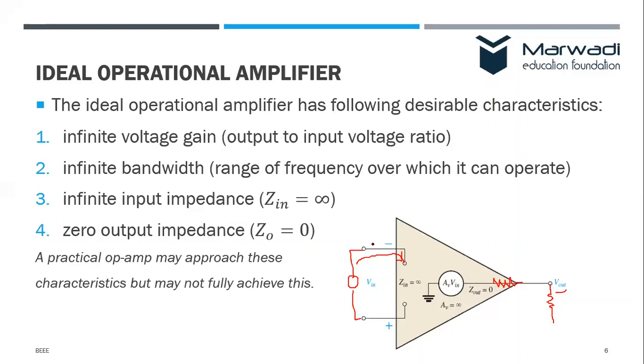Similarly, the input impedance can be in mega ohm, it may be in hundreds of kilo ohms, but it cannot be infinite. Similarly, the output impedance can be very, very small, like only a few ohms, but again, it cannot be 0. So the practical operational amplifier may approach these characteristics, but it may not fully achieve them.